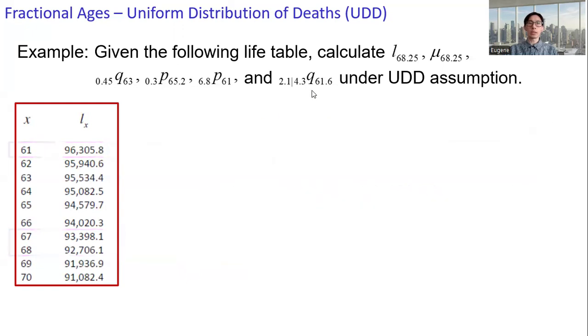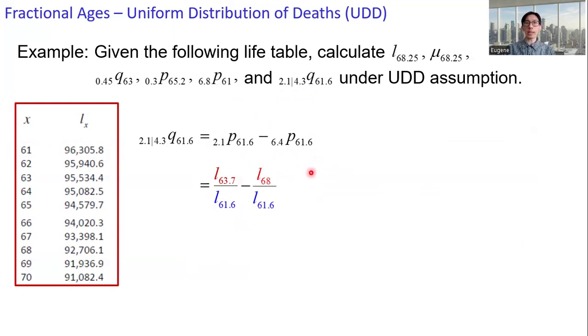The last quantity, the deferred mortality probability, 2.1|4.3 q61.6. Express this as the difference of the p's: 2.1 p61.6 minus 6.4 p61.6. Then express the first term as L63.7 over L61.6, and the second term is L68 over L61.6. We need to deal with the fractional ages.